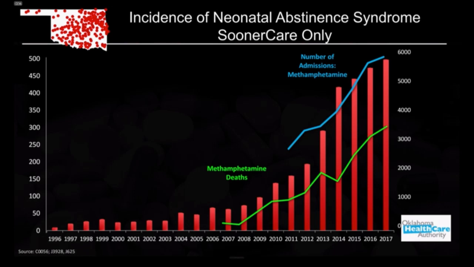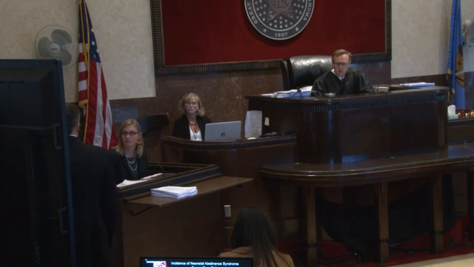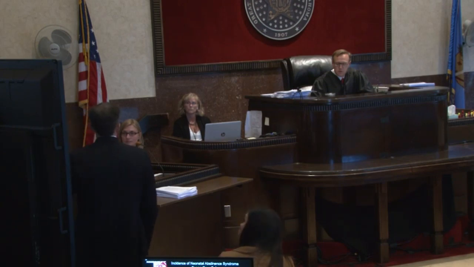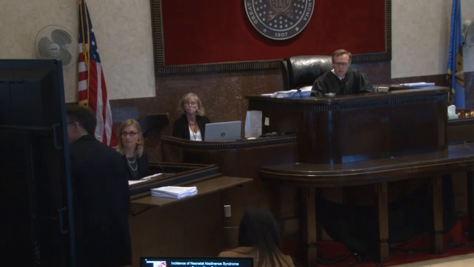And what we see is at a time when opioid use measured by MMEs via the publicly available ARCOS data and opioid overdose deaths have been going down, methamphetamine admissions and methamphetamine deaths have been going up, correct?